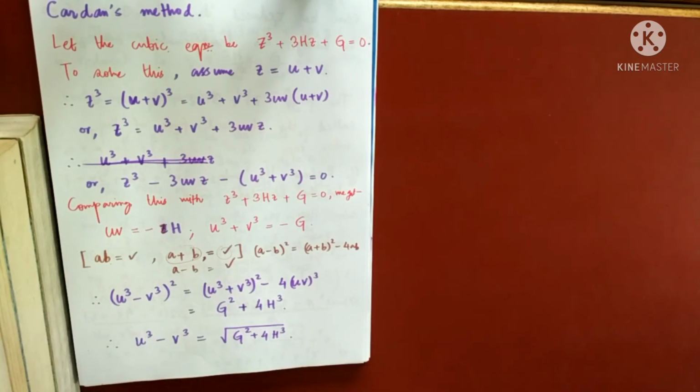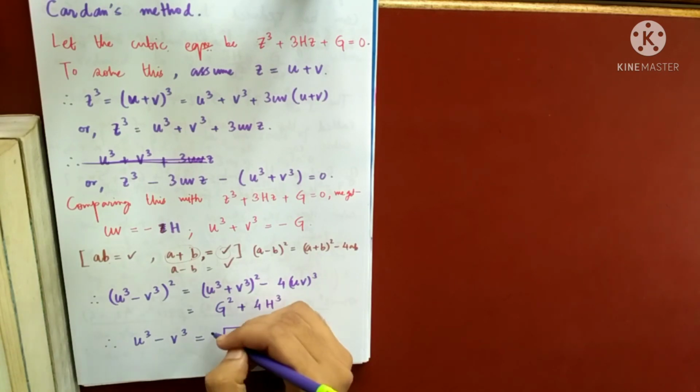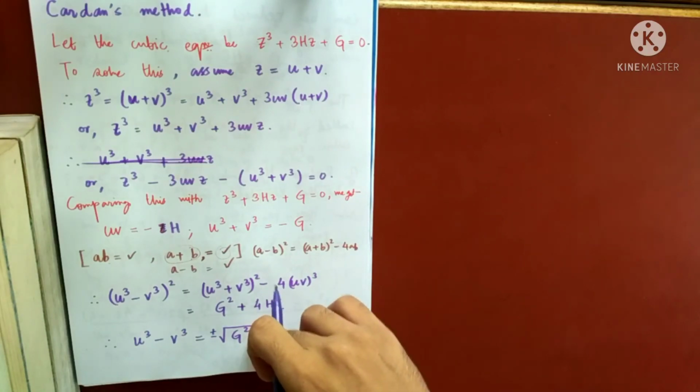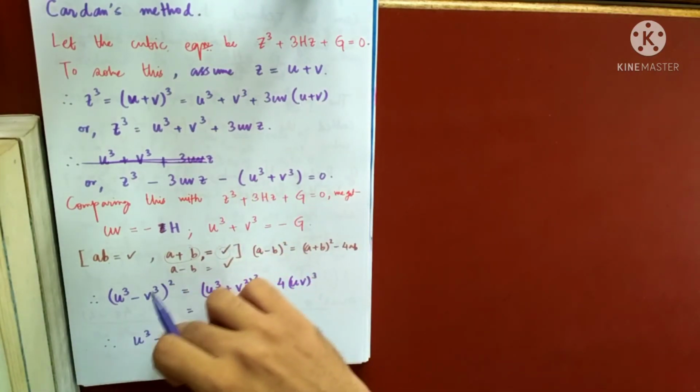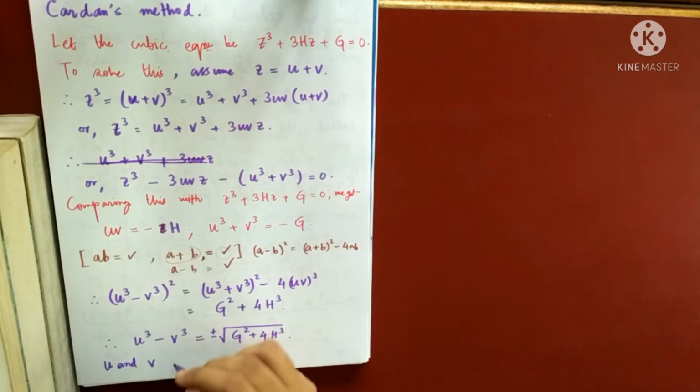Okay. So remember this, plus or minus, yes. So using this and this, u cube plus v cube and u cube minus v cube, if I solve them simultaneously, u cube and v cube can be known, and hence u and v can be obtained.